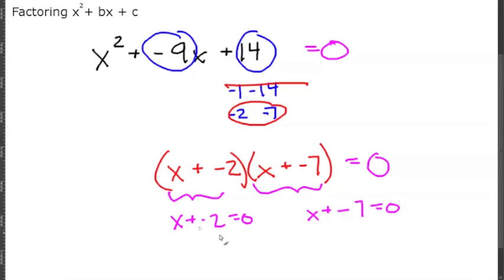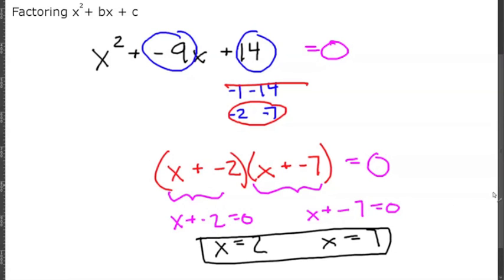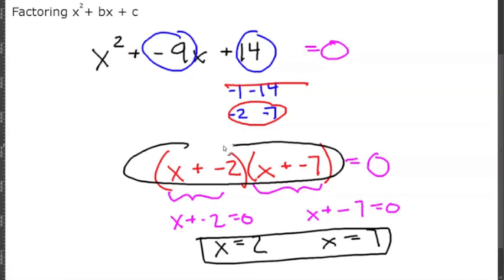Solving those, you would get that x equals 2 or x equals 7. So x plus -2 times x plus -7 is the factored form of our original polynomial. If our polynomial was set to 0, 2 and 7 are solutions that are part of the solution set.